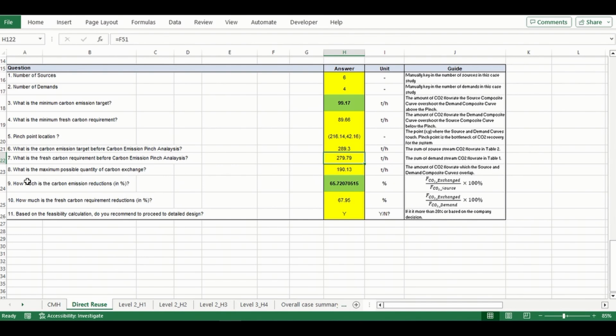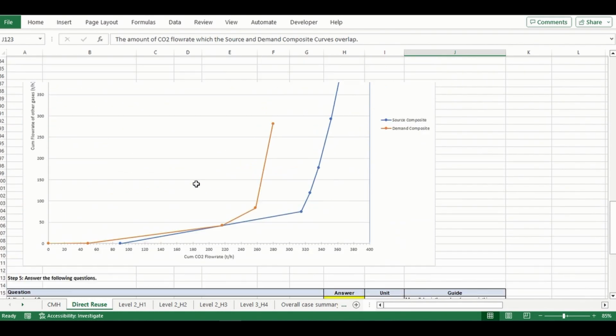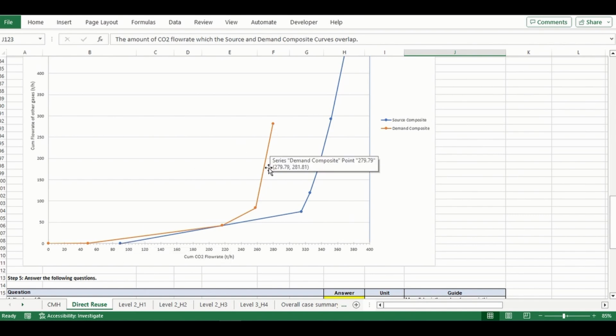Then the next question is to identify the maximum possible quantity of carbon exchange. This represents the amount of CO2 flow rate where the source and demand composite curves overlap. From here we can see the overlap from this point to this point.